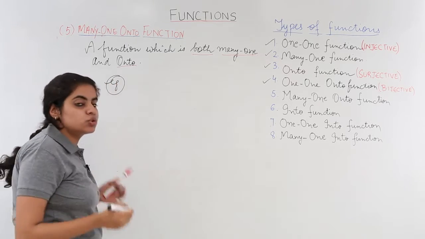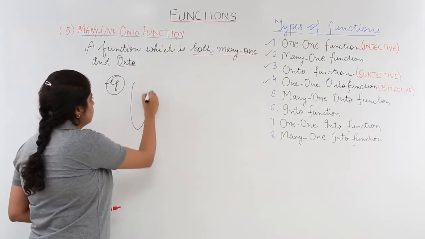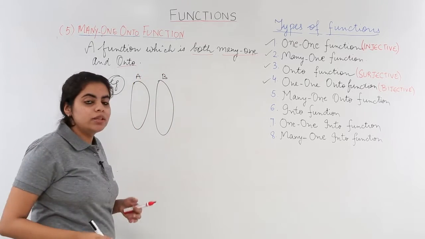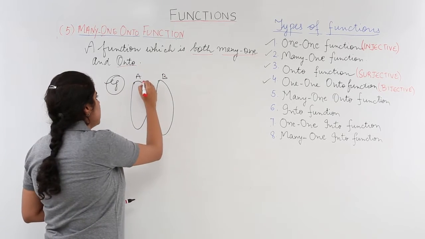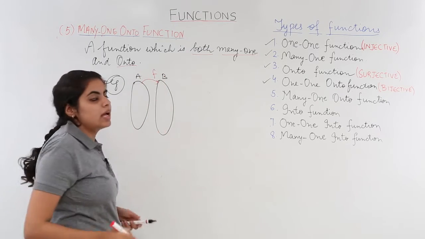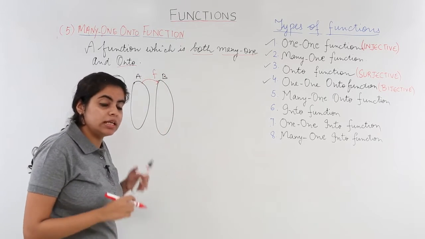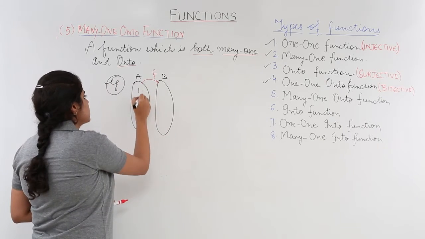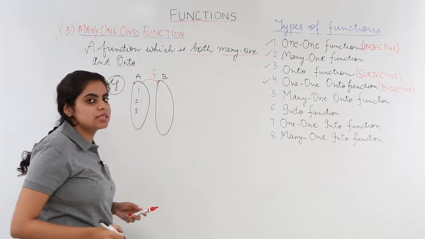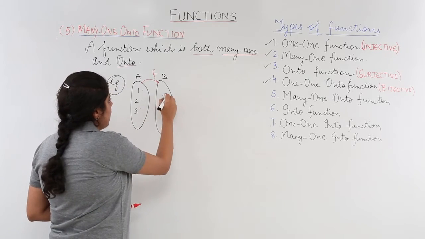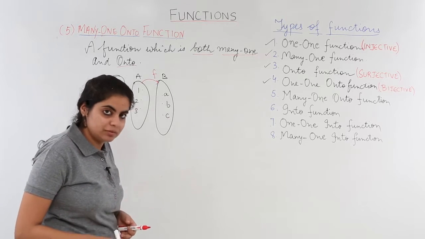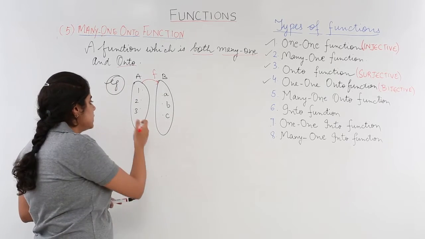Suppose I have 2 sets A and B with a mapping named F, and we have different elements in A and different elements in B as well. Suppose there are 3 elements in A and 3 elements in B. We can also increase the elements.